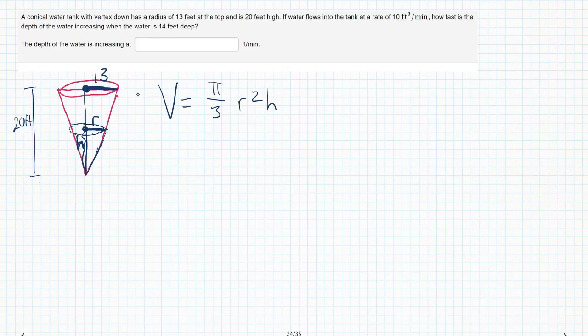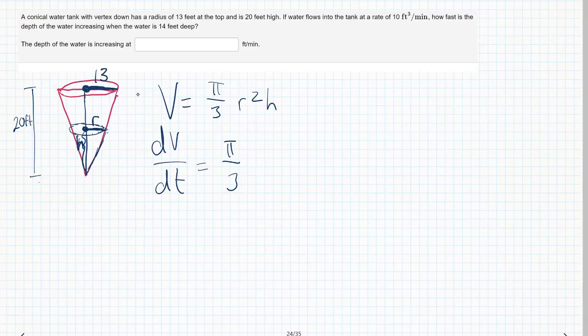You can think of that cylinder would be pi r squared h, because you get the circle pi r squared times the height. You can think of this as a third, but there's a little bit more to it than that, but it gives you an idea as to how it's going. So now what we want to do, using some of that information, we're going to try and use related rates, so we've got to start taking the derivative with respect to t.